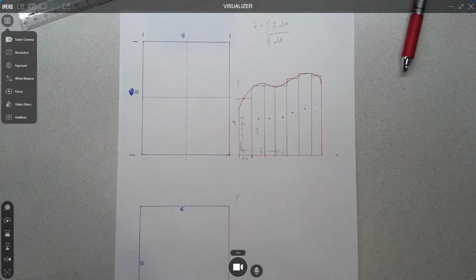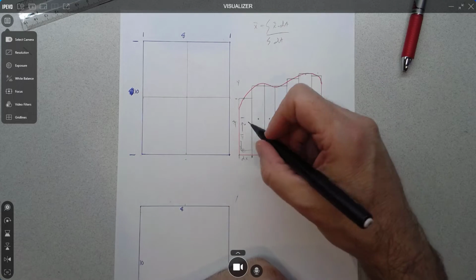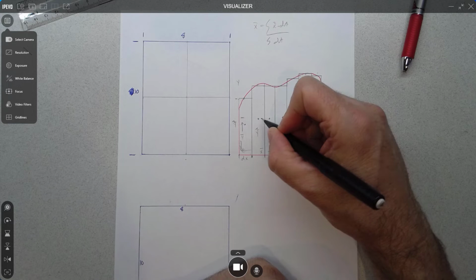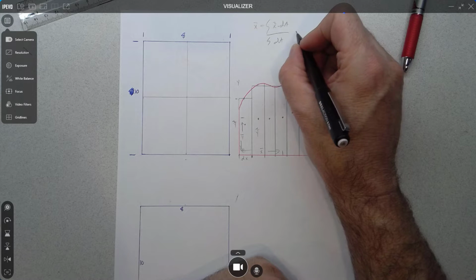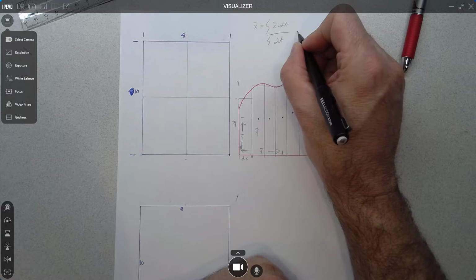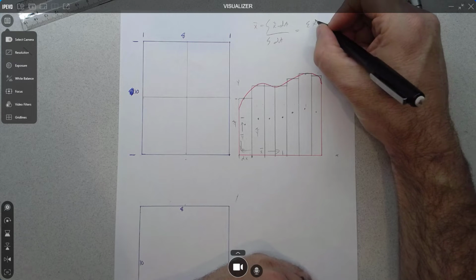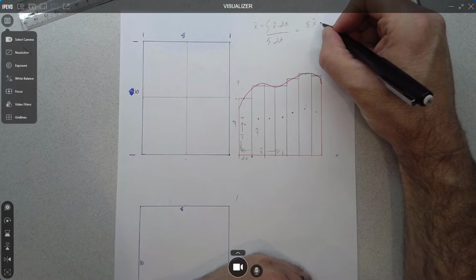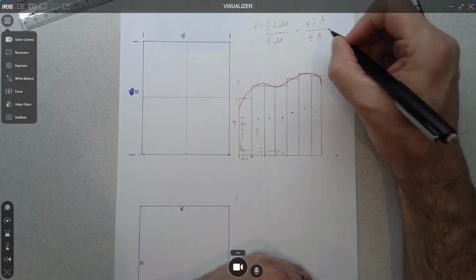So if I take each of those, find the area for this rectangle, area of this rectangle, distance to the centroid of that rectangle, distance to centroid, this can basically, if we're looking at simpler shapes, instead of integrating, we can look at it as another way of saying it's equal to the sum of the individual x bars times area over the sum of the areas.